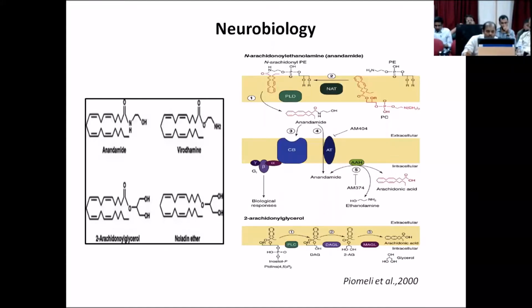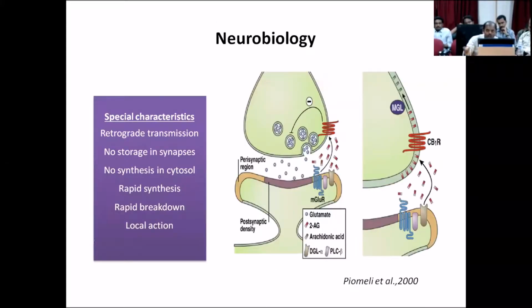Now, this picture might not be very clear, but one thing I would like to convey is that these are manufactured locally within the cell membrane, and there are no elaborate synaptic pathways or vesicles where they are secreted. So if you are not able to understand this detailed process, please remember that anandamide acts in a retrograde fashion, that is from the post-synaptic process to the presynaptic process.